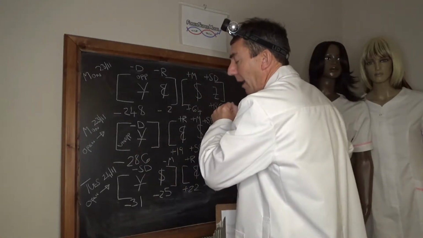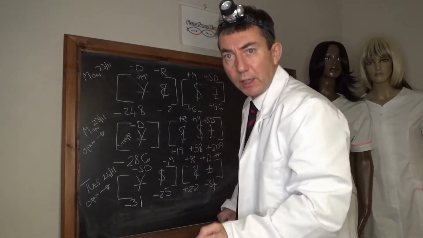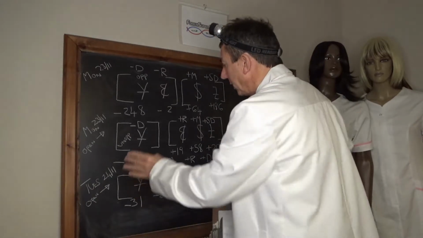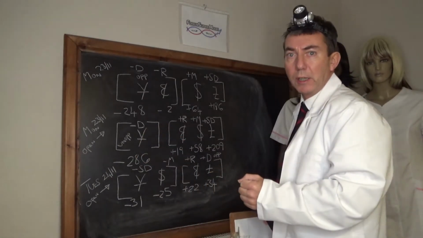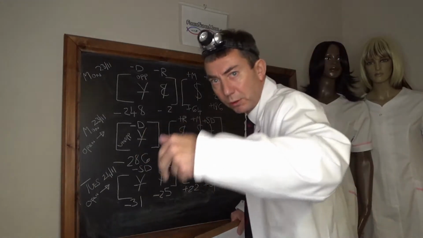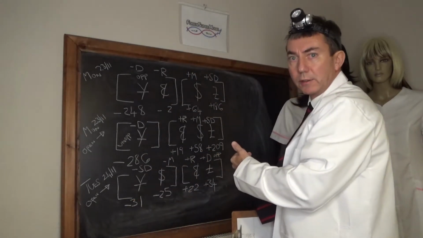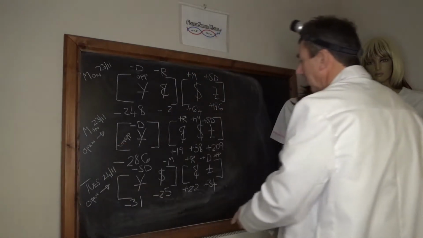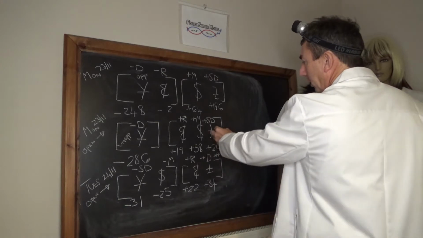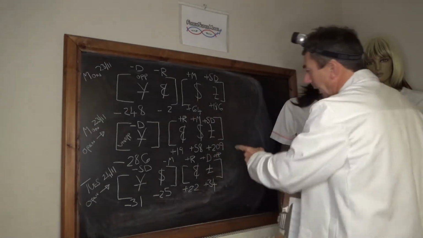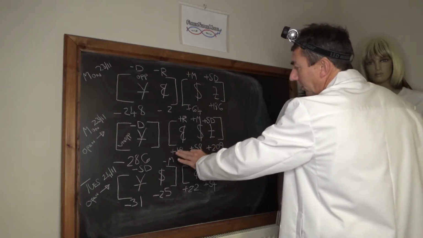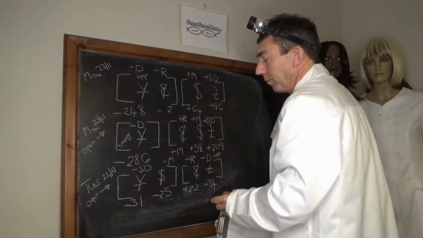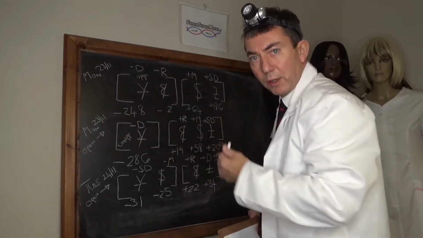So everybody was selling the yen pairs to the detriment of everything else. Everything else was sucking up the opposing positive flows out of the negative yen, and the one sucking them up the most was the pound. Now the pound at plus 209, and then you get this big drop to the dollar and the euro. So that's what happened so far this week.